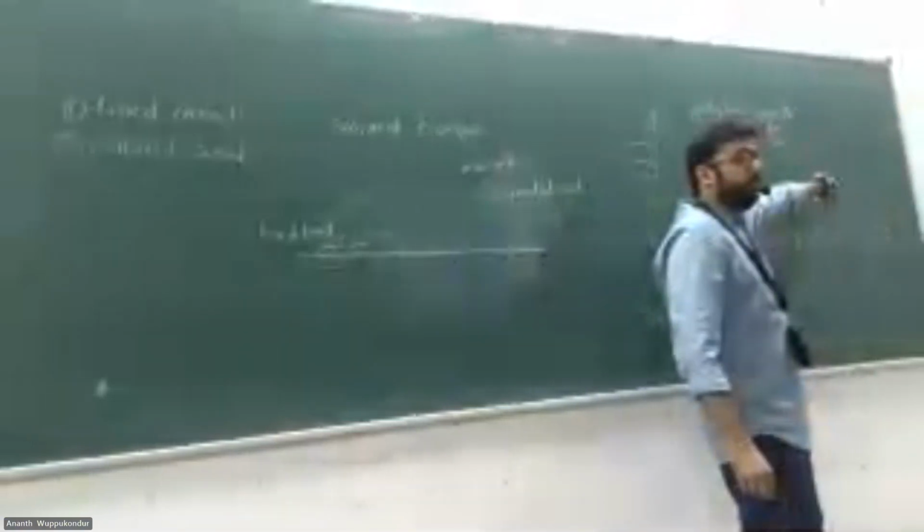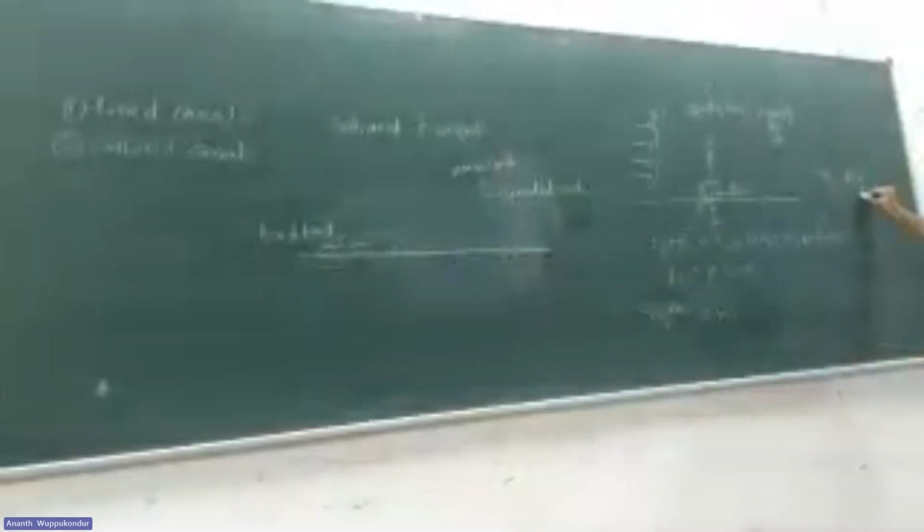Weight is mg, and mass is rho v. So this is rho vg, and rho is the density of the sediment particle. So we are talking about weight of the sediment. Now what about the buoyancy force?